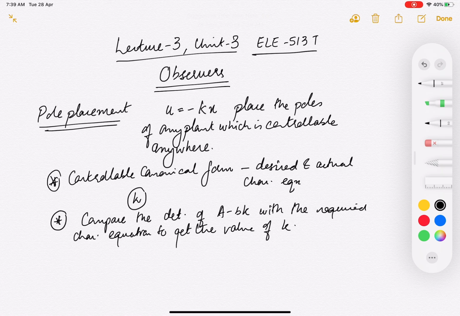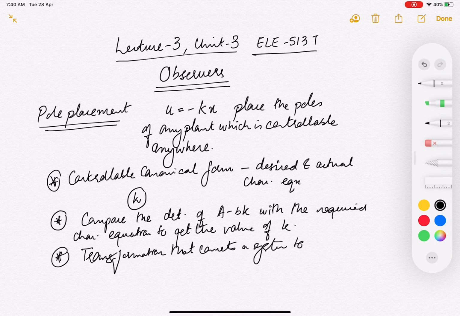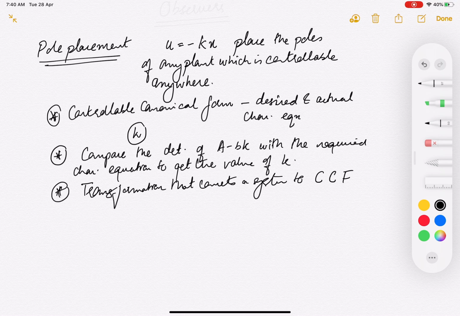We also saw a transformation that converts a system to controllable canonical form, and this transformation can be used to apply the first method. So you can convert a system to controllable canonical form, and then find the value of k after the system has been transformed to controllable canonical form, right?